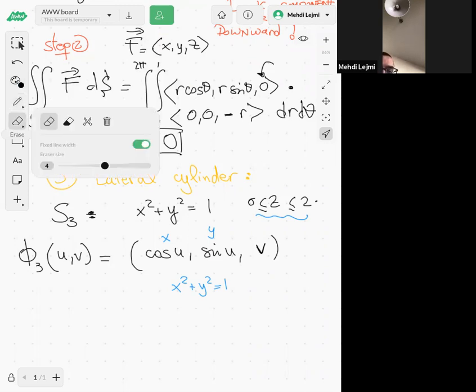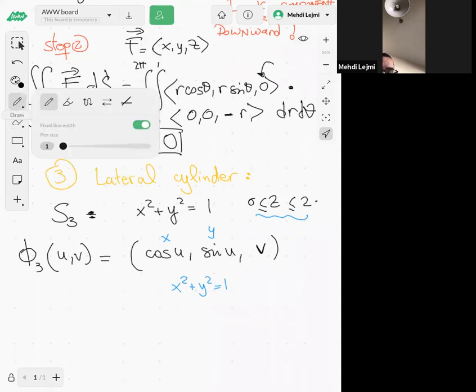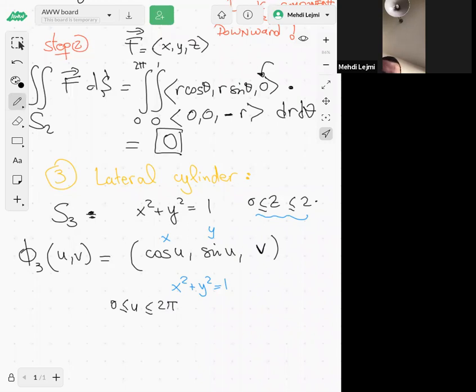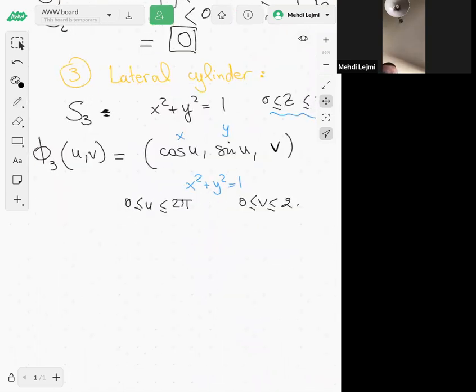So the domain here, guys: u, of course, describes the angle, so u is between 0 and 2 pi. But v, which is z, is between 0 and 2. All right, so let's compute the normal vector induced by this parameterization.